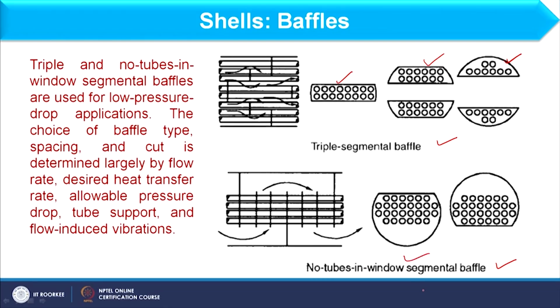As I have told you, this is the space which we call the window zone. So, no tubes are available in the window zone, and accordingly we can make the cut. It means no holes are available in this section which I am calling the window zone, right, and these are used basically to reduce the pressure drop, okay.